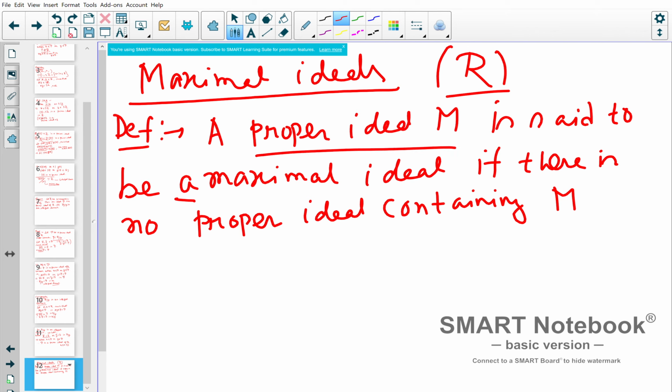This proper ideal is called a maximal ideal if it is not contained inside any other proper ideal, right? So what does that mean?